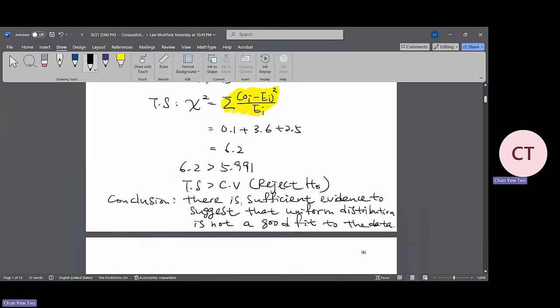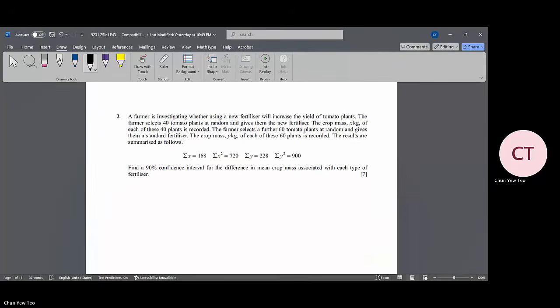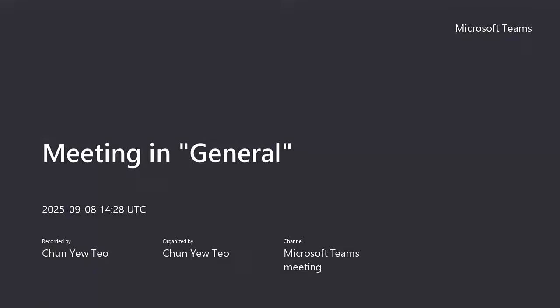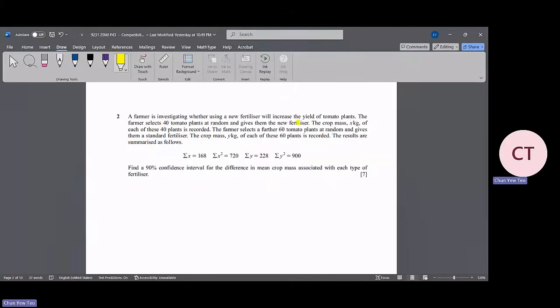Okay, so now we move on to question number 2. Increase the yield of tomato plants. The farmer selects 40 tomato plants at random and gives them new fertilizer.